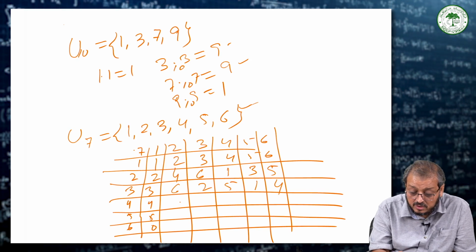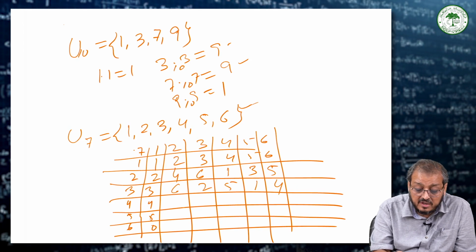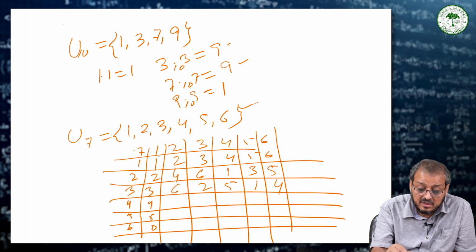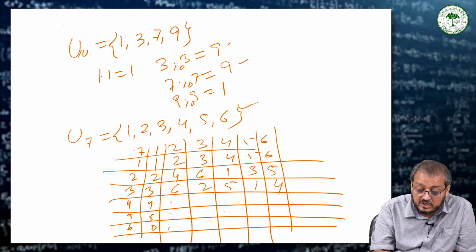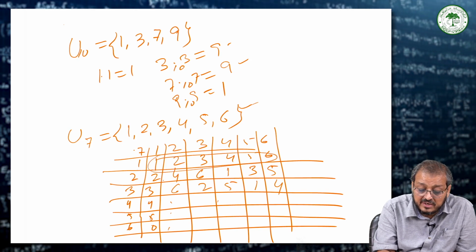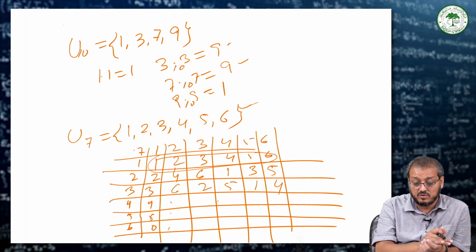So all the elements of this table are in the set, and we can check that all the other elements also satisfy this. Similarly, if we continue, we clearly see that all the elements of this table are members of this group.